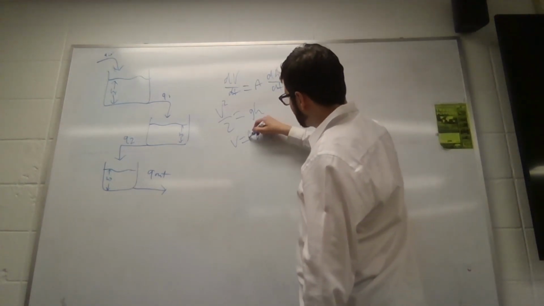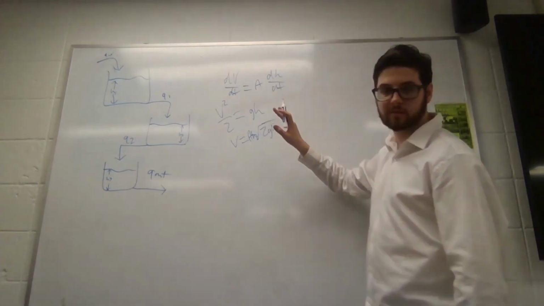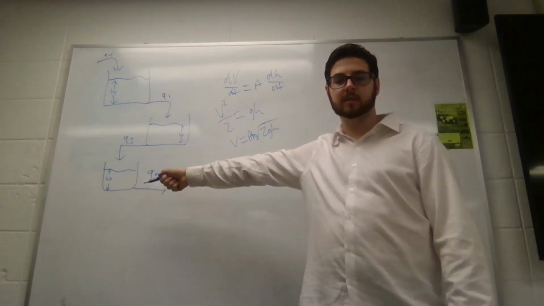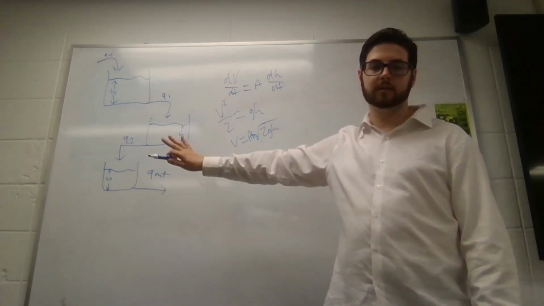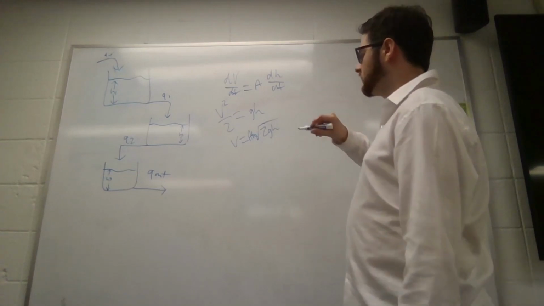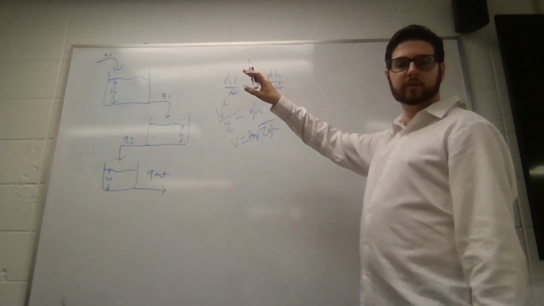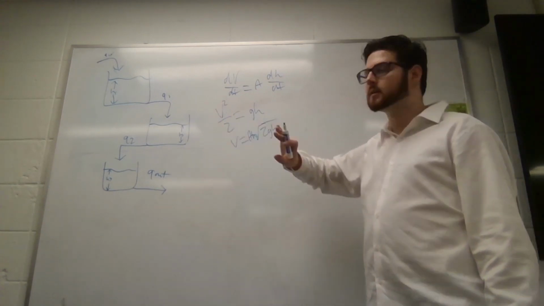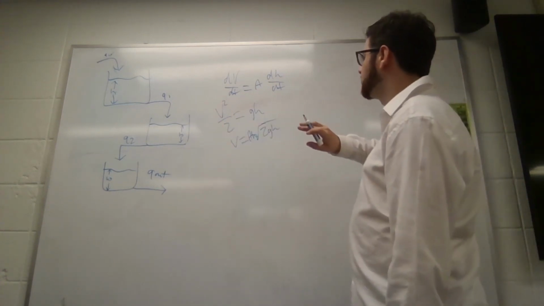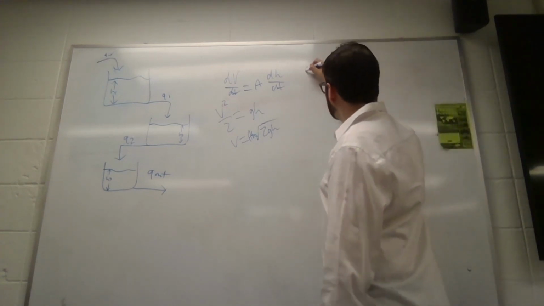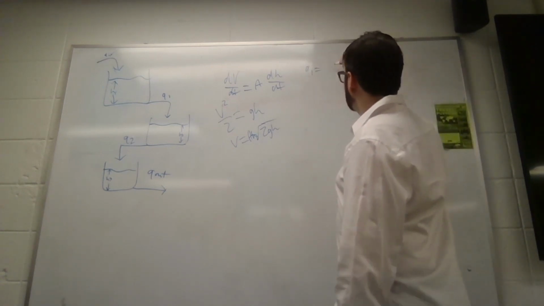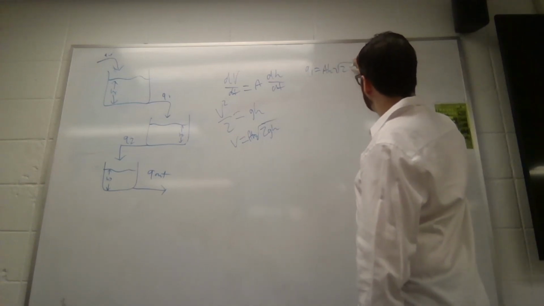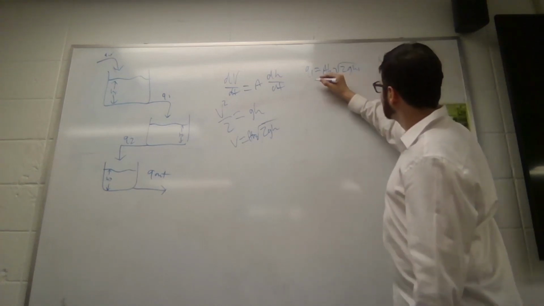Also, we do have to have the size of the hole, so AH, the size of the hole of all of these, which we're going to assume is the same for coding. That'll be later in this video. So Q in, we will determine with a proportional control later. That's going to be the final step of this. But so far, we have Q1 is equal to AH times the square root of 2g times the height of the first tank.